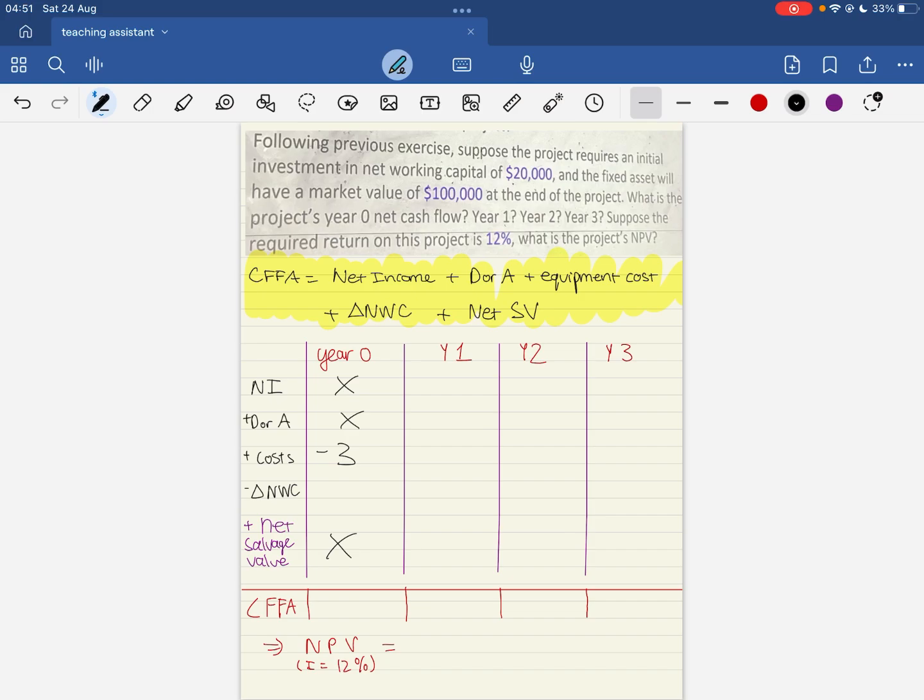Net working capital requires an initial investment of $20,000. This is a cash outflow. As I have explained, at the beginning, the change in the net working capital is always a negative number. Therefore, we have minus 20K, which is also equal to minus $0.02 million.